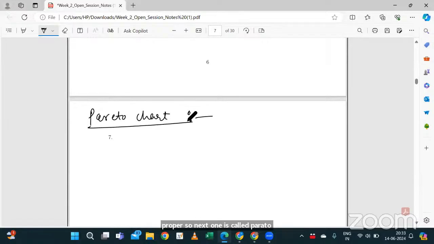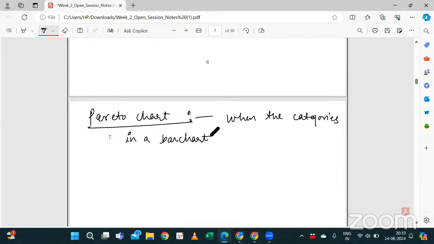So what is the Pareto chart actually? A Pareto chart is nothing but a bar chart where all the categories are sorted by their frequencies.